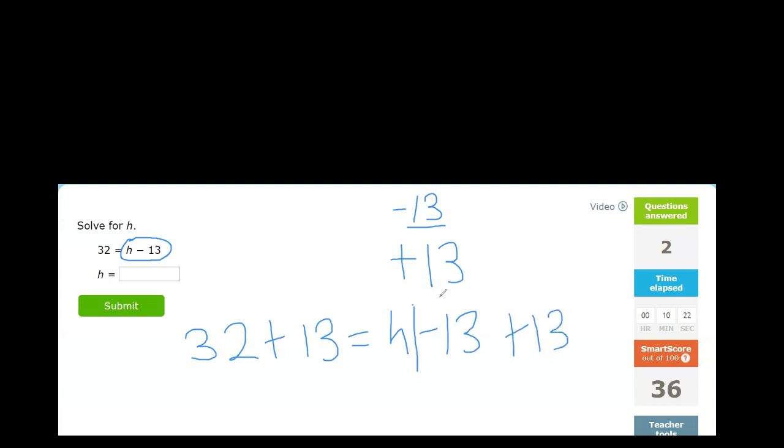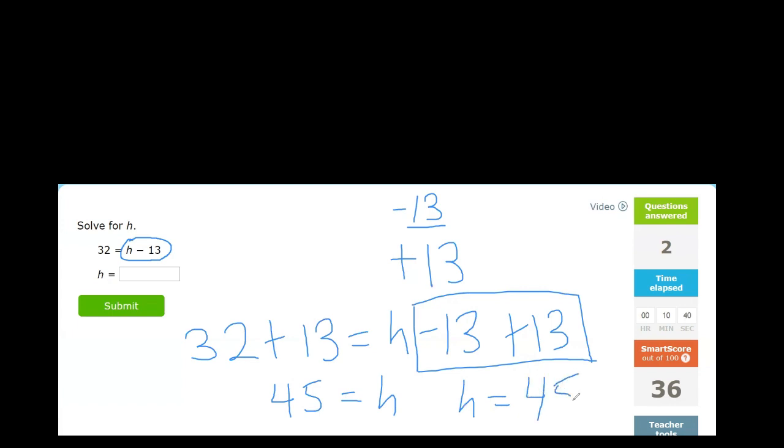And you'll notice this part cancels out to be 0. So you end up with 32 plus 13, which is 45. And we get h is equal to 45.